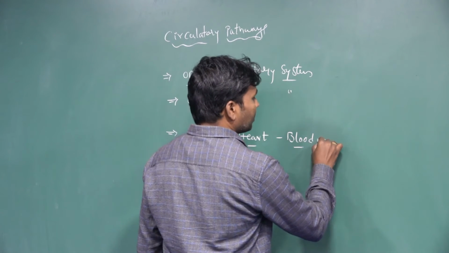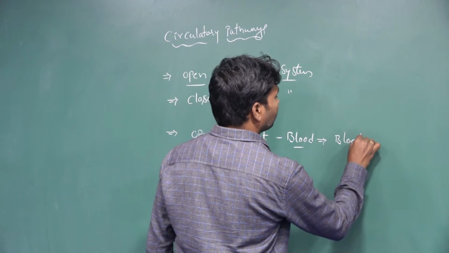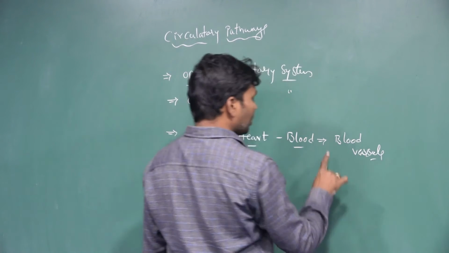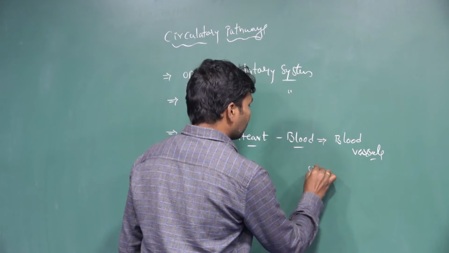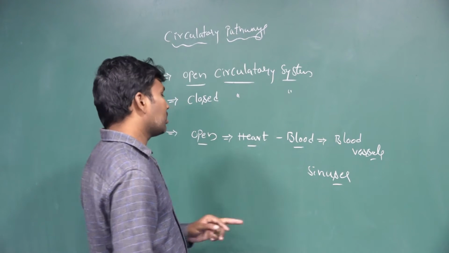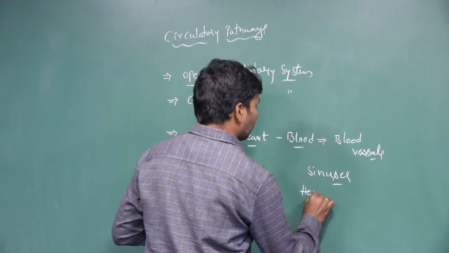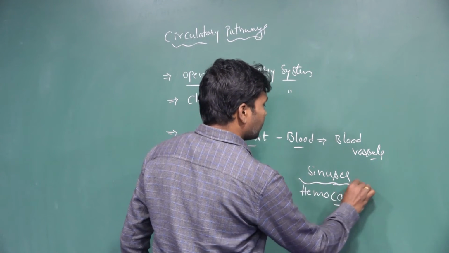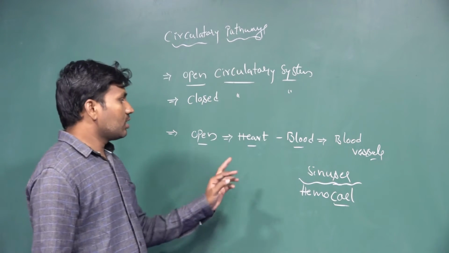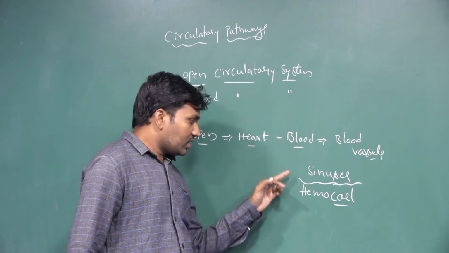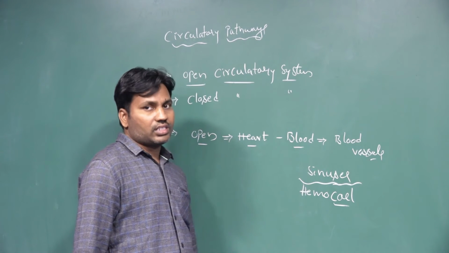So through the blood vessels, the blood enters into the sinuses. The sinus is also called a hemocoel, because blood lymph enters into these sinuses.